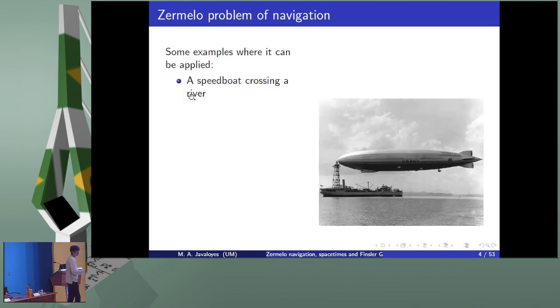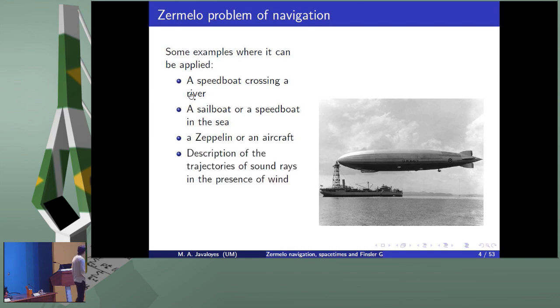There are many applications of the problem. I presented initially the example of a motorboat in a river, but you can also consider a sailboat in the sea, or a zeppelin or an aircraft in the air, because there is also an engine and there is wind.